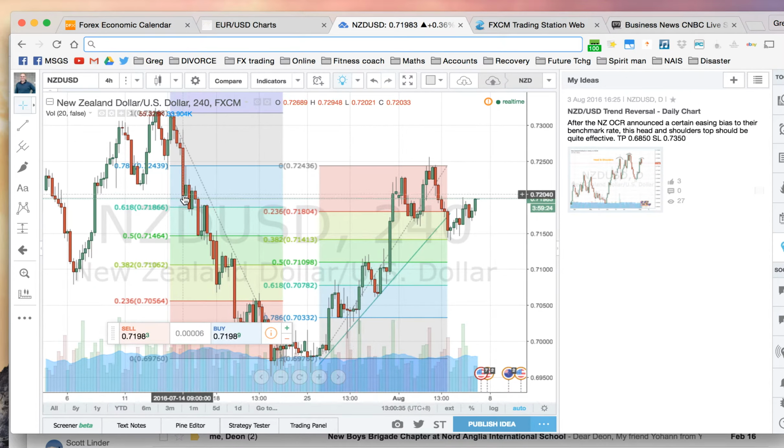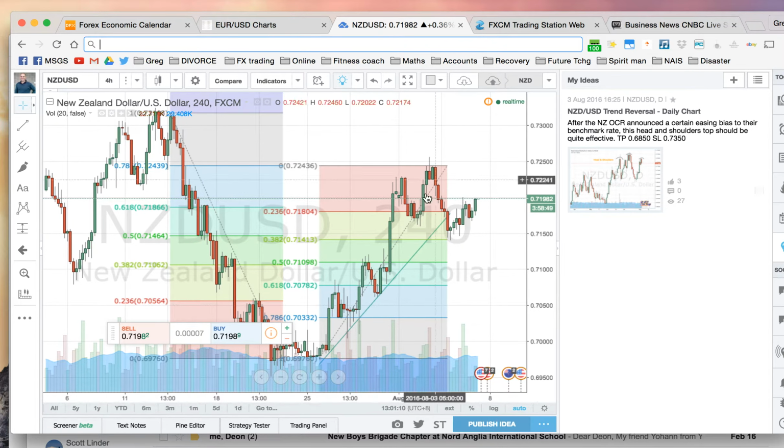So you go down and you can see a level of support and resistance here. That would be the 50% level of this larger down move, then the 61.8, which are key numbers in Fibonacci. So once it goes through there, then it'll come back down to meet that eventually. So that's what happened here.